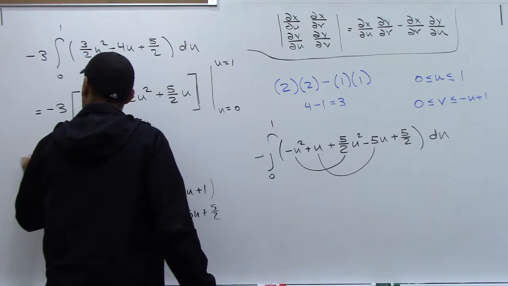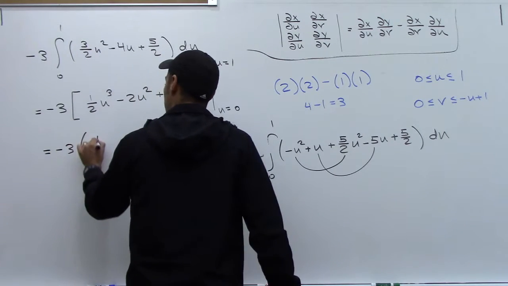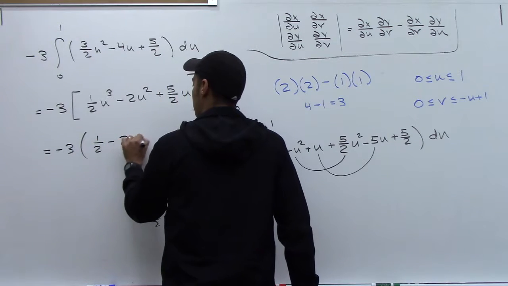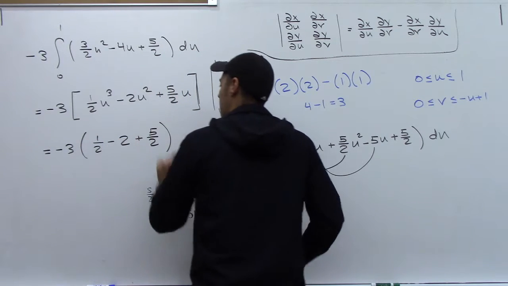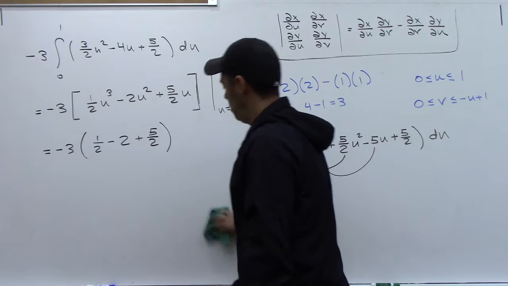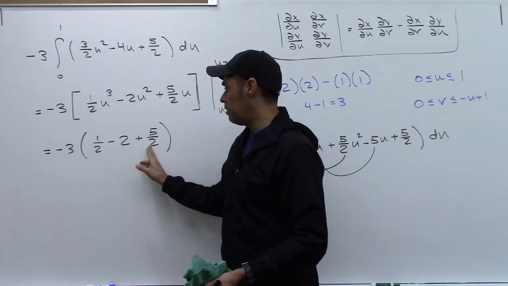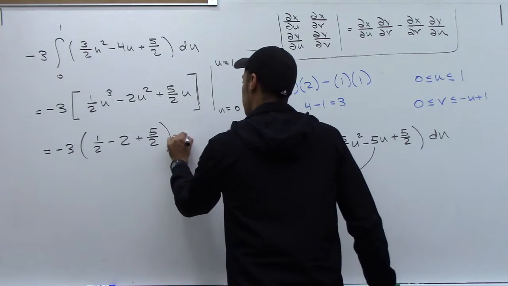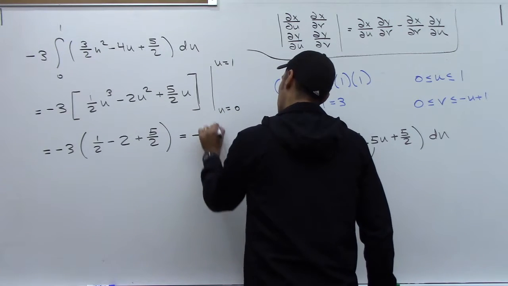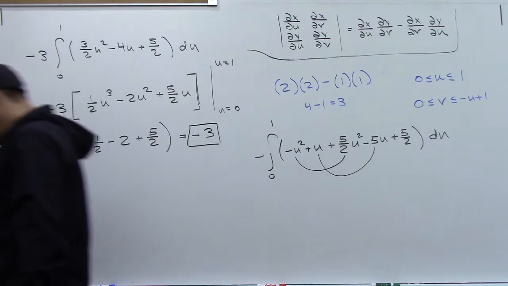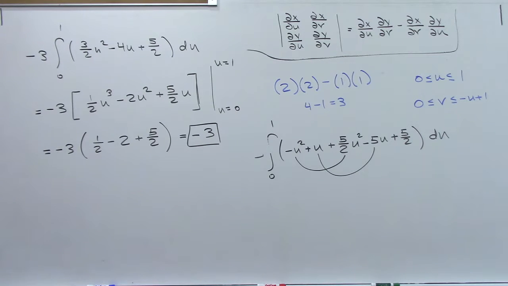So I get negative 3, 1/2 minus 2 plus 5 halves. If I put 1/2 and 5 halves together, that's 6 halves, that's 3. 3 take away 2 is 1. So you should just get negative 3 times 1, which is negative 3. All right, there it is.